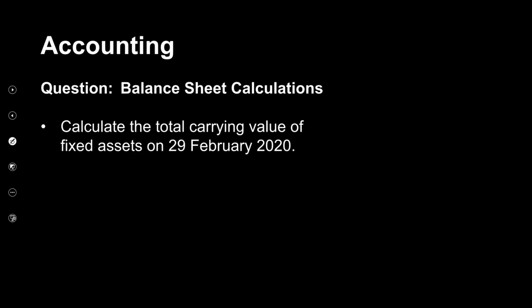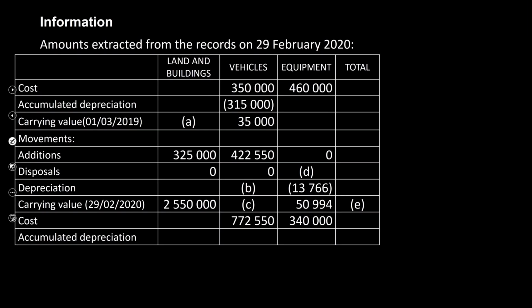Okay. Now you are expected to calculate the total carrying value of fixed assets on the 29th of February. Once again, look at what we have here. There's my land and buildings, 2,550,000, right? Remember, I calculated my vehicles figure. I'll show you the calculation just now. And the equipment of 50,994.